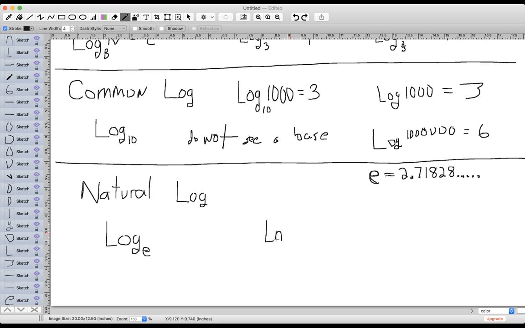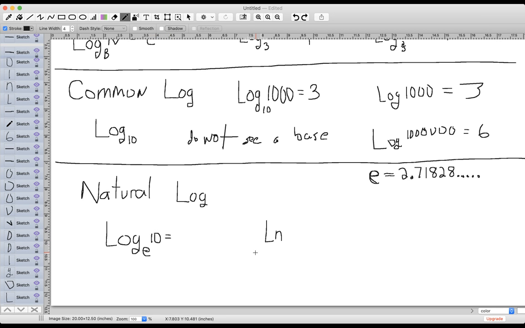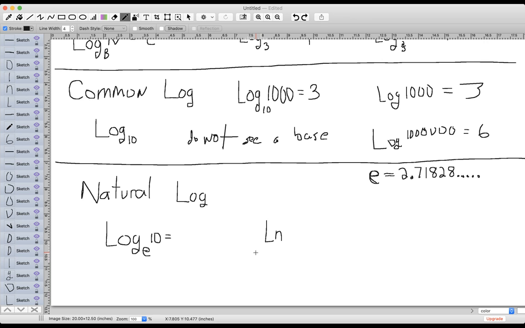So let's do this one: ln of, I don't care, 10, ln base e of 10. Now I have to do that in my calculator because I have no clue what I would raise 2.71828, or that number e, to, to get it to equal 10.